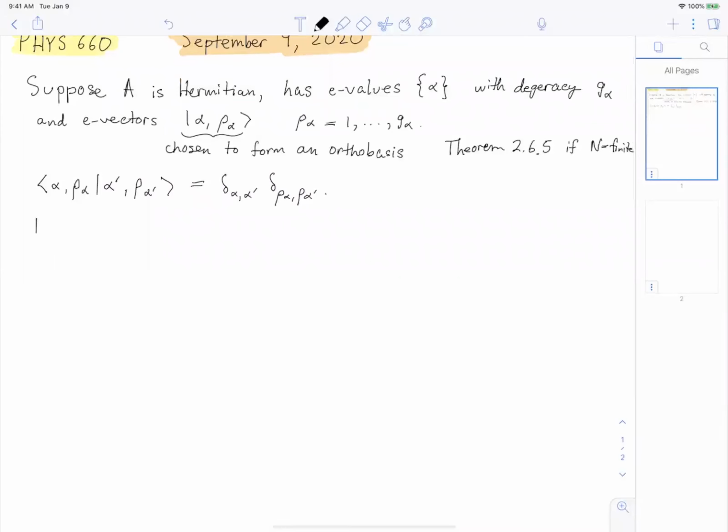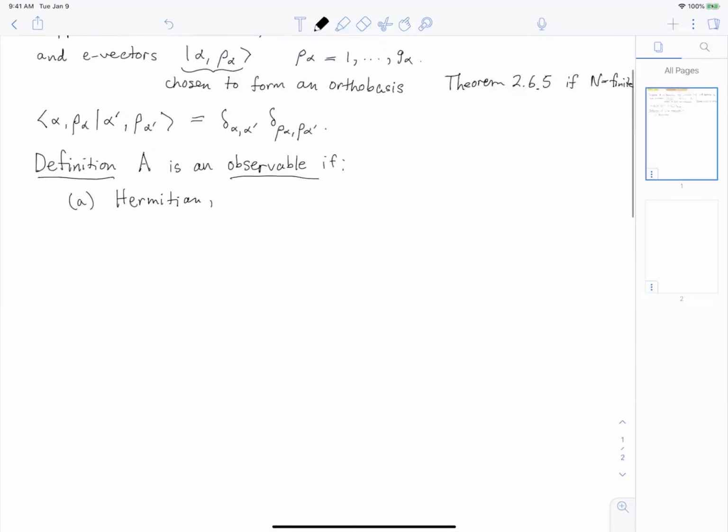And so now comes a definition. We're going to call this thing an observable if two things are true. The first thing is that it's Hermitian, as we've been assuming above. And the second thing is that this orthobasis is a complete one.